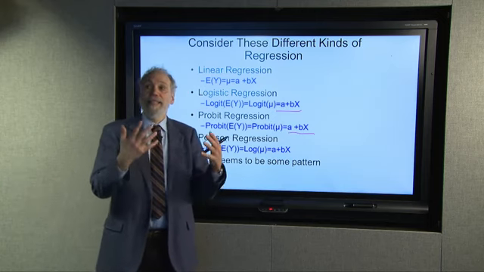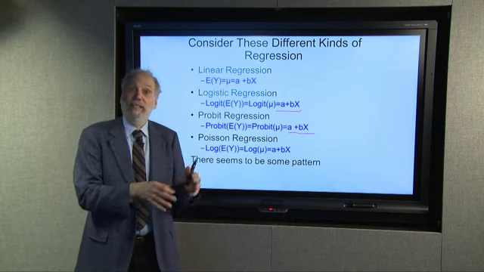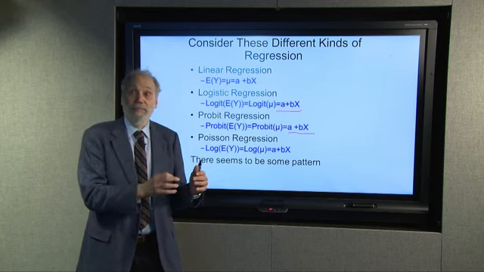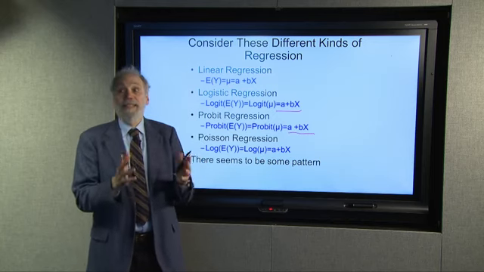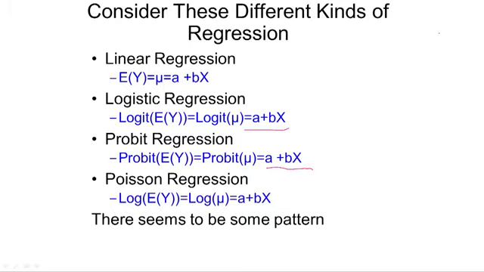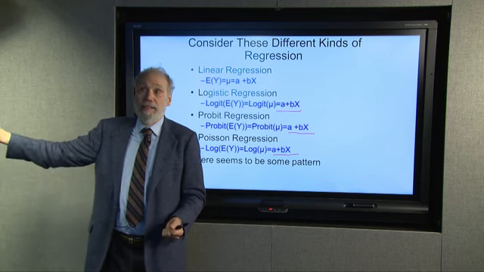And in that case, in a Poisson regression, I say some function, in this case, the logarithm of the expected value of y depends on, guess what? An additive function of predictors. There's a coefficient for gender, there's a coefficient for age, a coefficient for pack years, etc. There seems to be a pattern.